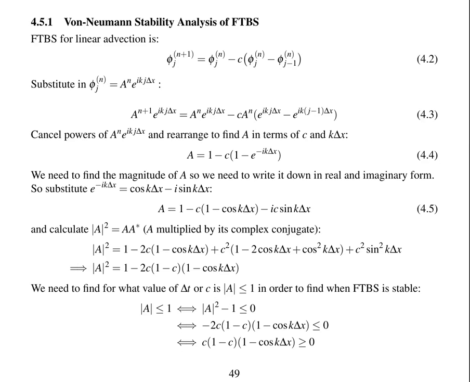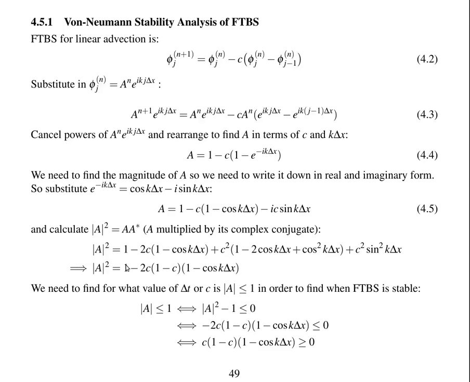So we want to find out for what value of the time step, or for what Courant number, is this magnitude of the amplification factor less than 1, in order to find out when FTBS is stable. So working from this equation, magnitude of a is less than or equal to 1 when the magnitude squared of a minus 1 is less than or equal to 0.